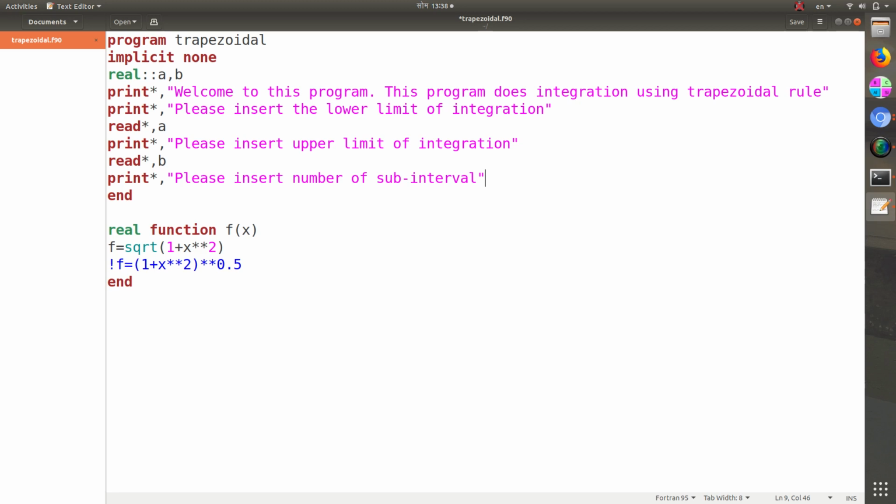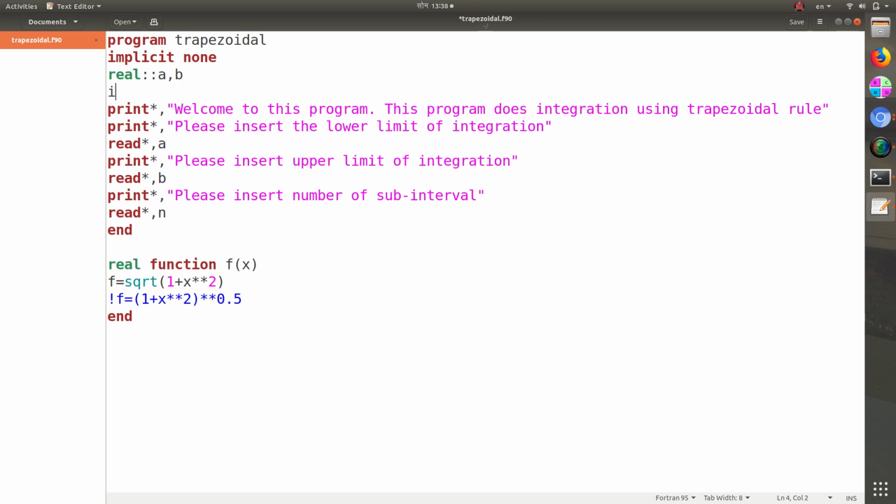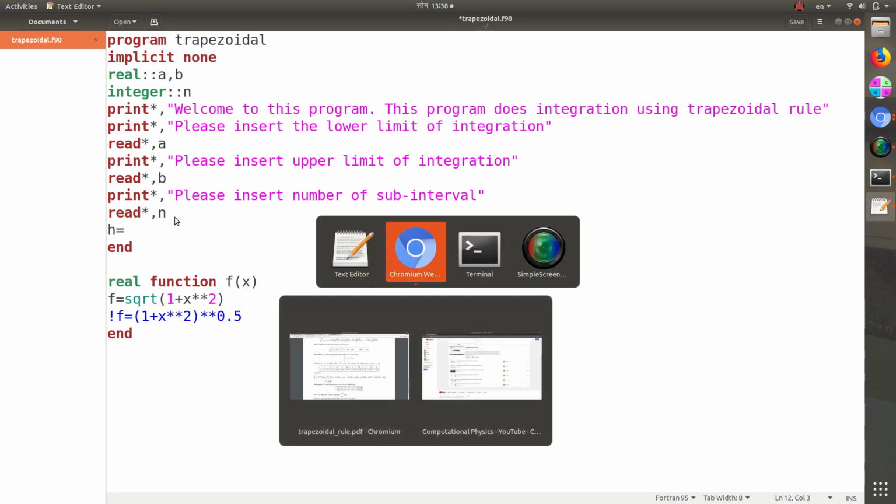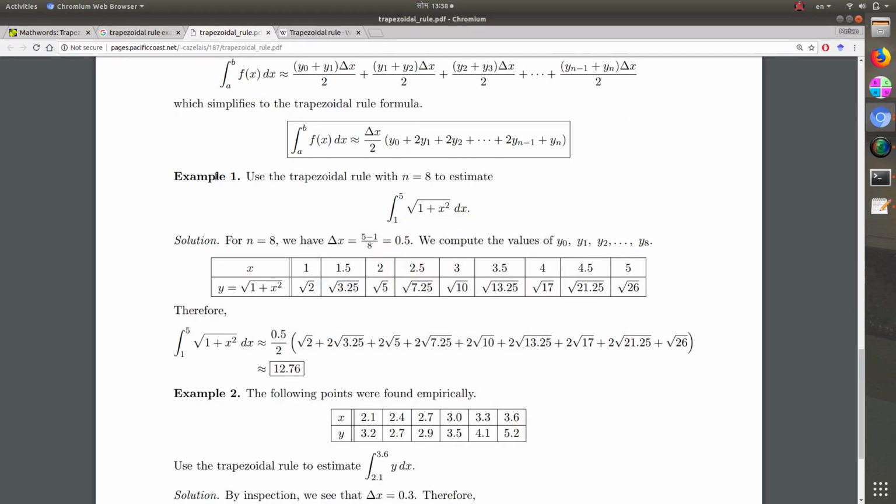So print, please insert the number of subinterval. The computer should read this as n, but this n is an integer, not a real number, so define it as integer. Alright, so we defined n. Now the computer will itself find the width of the subinterval. So h would be equal to, you already know that, from this formula.